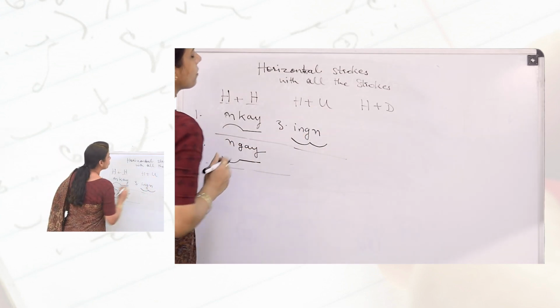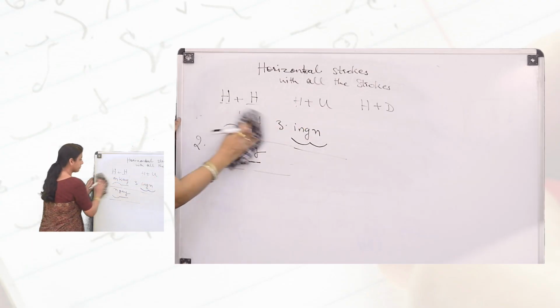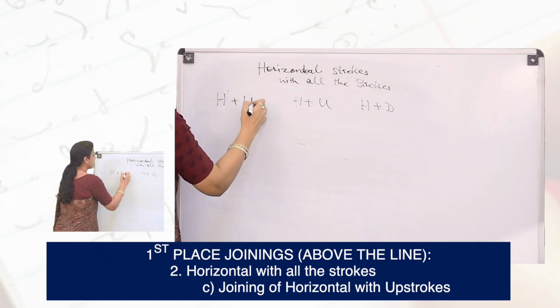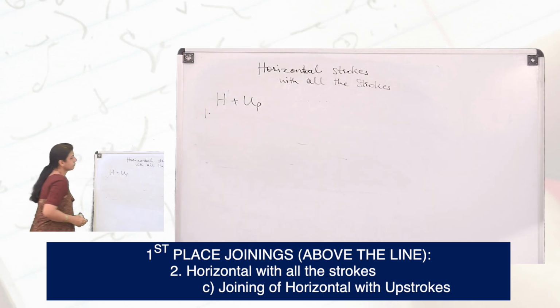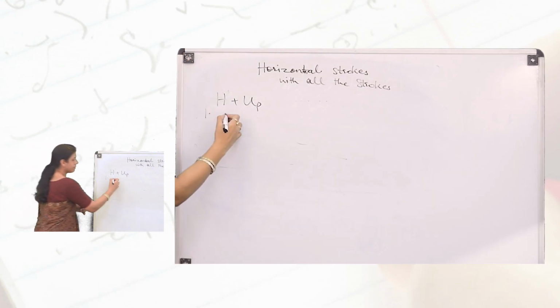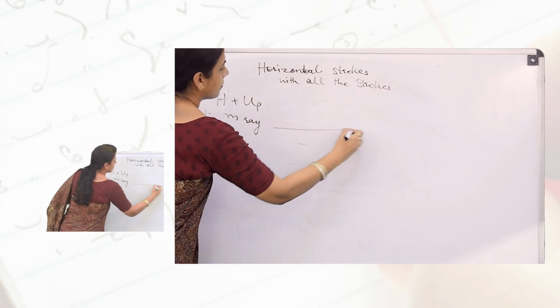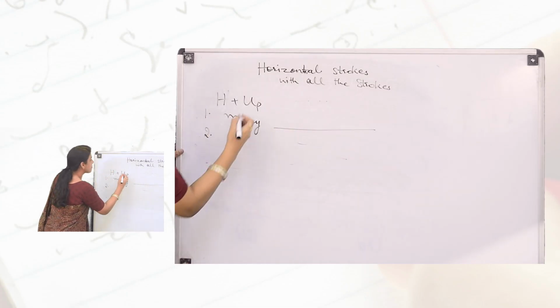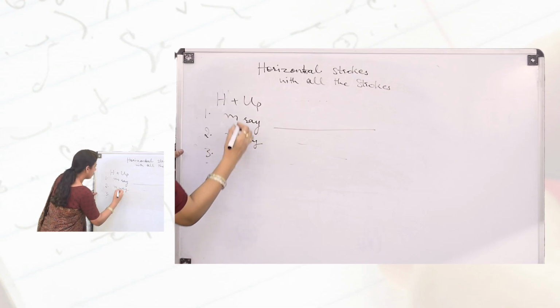Now moving on, next is horizontal plus upward. Examples: M, ray. Let's write the examples first and then we'll make the outlines for all.